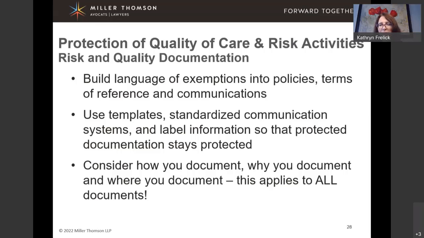They may not necessarily need to be transcribed, but think about the action items. Think about whether there are any exemptions that may apply to certain parts of the committee minutes when you are creating them.